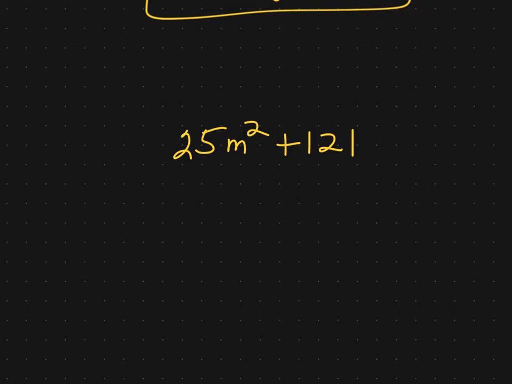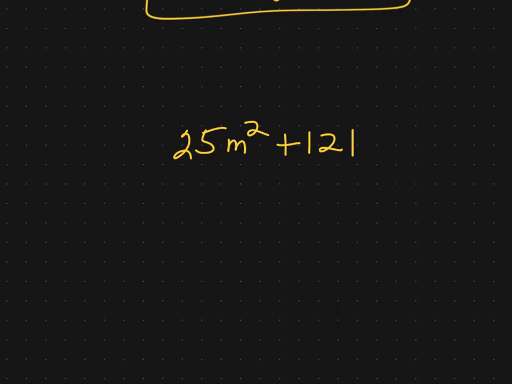We have 2 terms. So we should check to see if this is the difference of 2 squares. Class, this is not the difference of 2 squares. It would be because 25m squared is 5m times 5m, and 121 is 11 times 11.